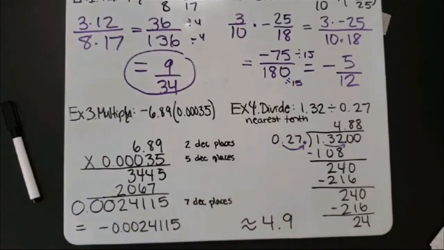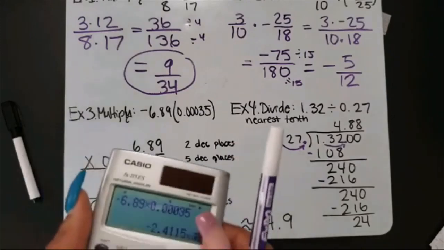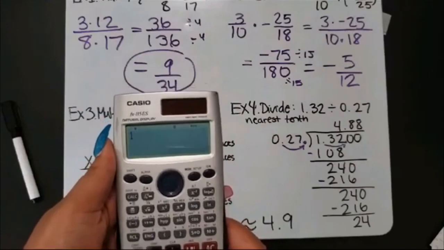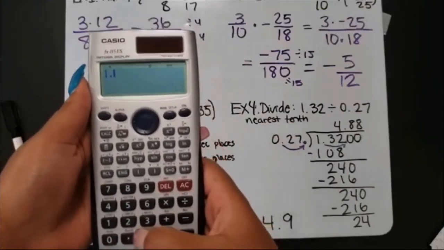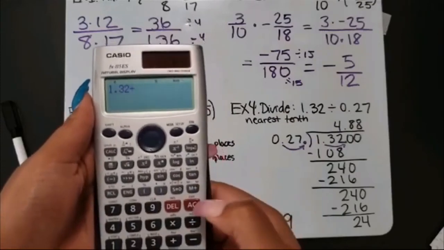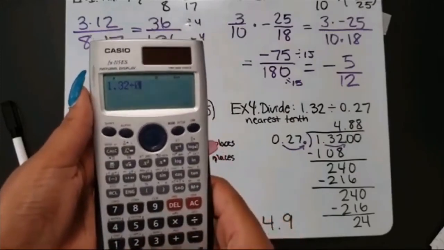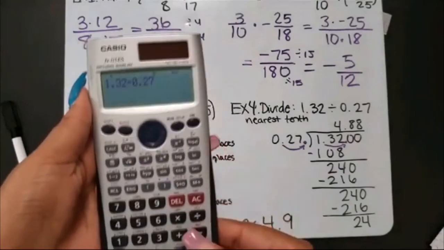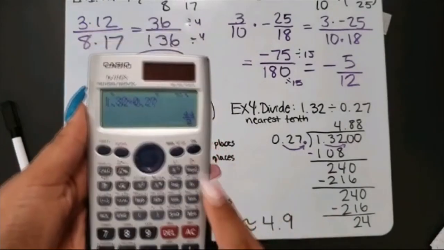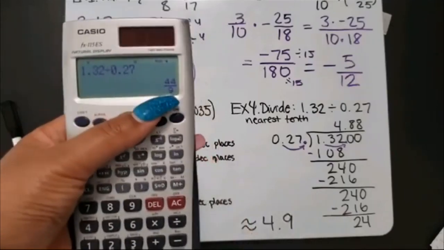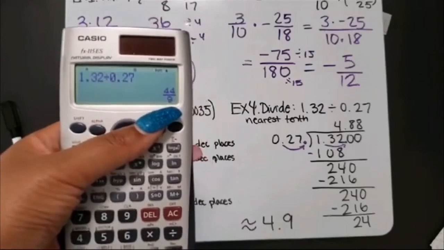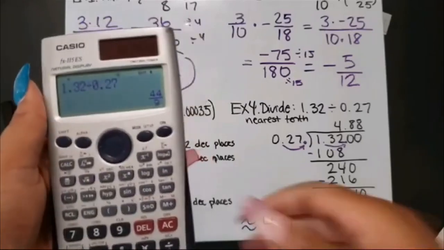All right. So with the division, once again, we can use our calculator. We can do 1.32, hit the division sign, 0.27, hit our equal sign, and because I have mine set to reduce the fractions this way, I got 44/9.